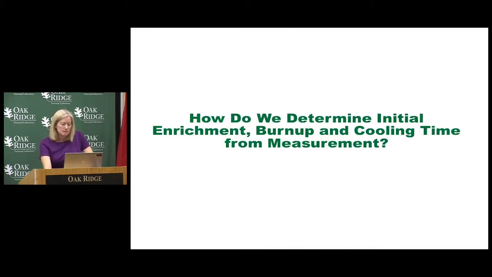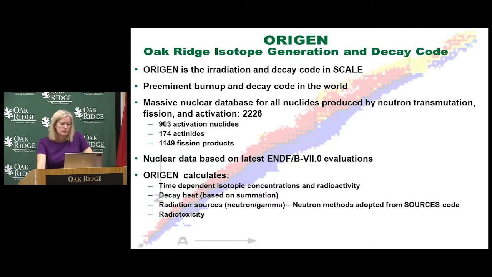So now we take all these measurements, how do we determine initial enrichment, burnup, and cooling time? Well, we use a burnup code. We use simulations. Origen, which is developed at Oak Ridge, is basically the preeminent burnup and decay code in the world.